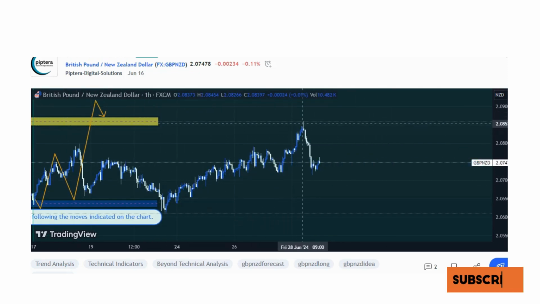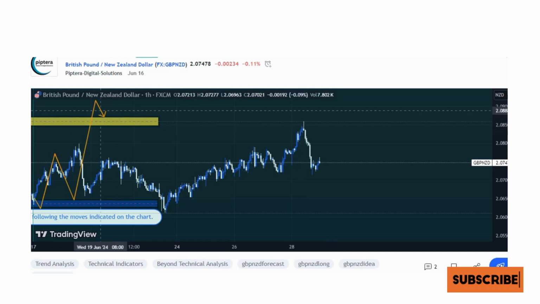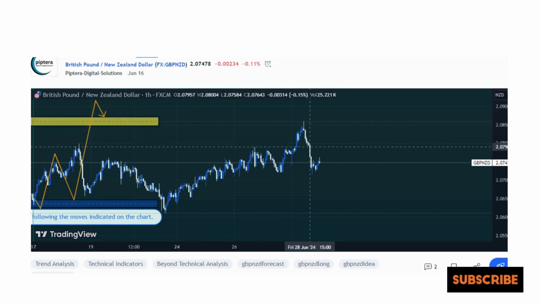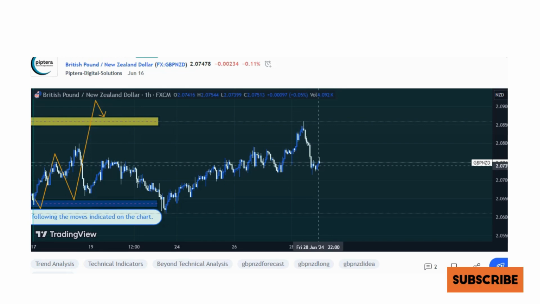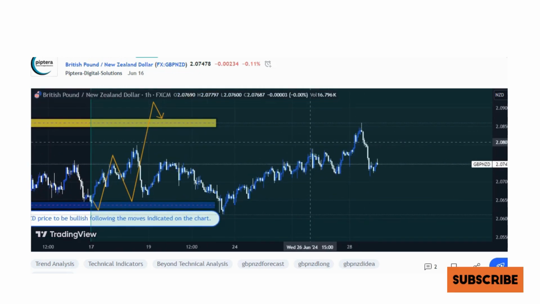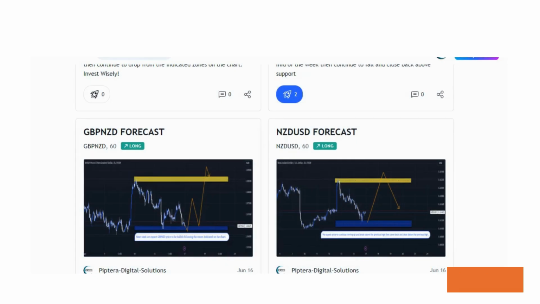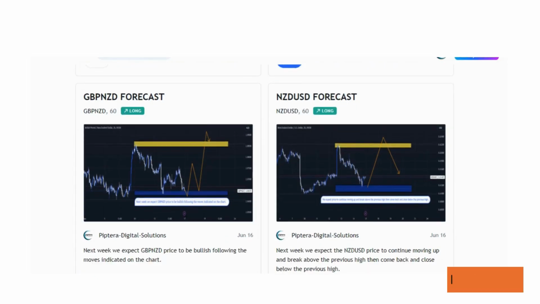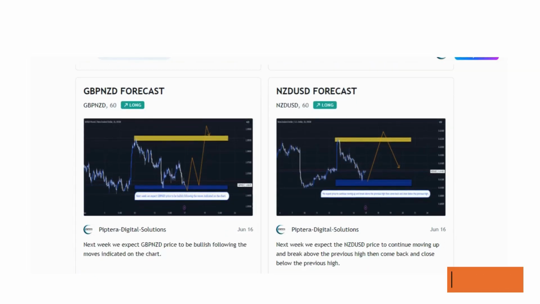The price continued to go up, hit the resistance zone as we expected, but it didn't break the resistance zone. It came back down. Probably it's a correction in the upward trend. Let's see what will happen next week. So our perspective was not disobeyed.